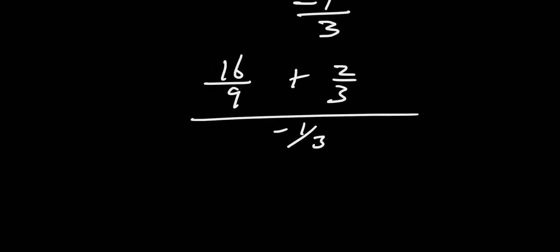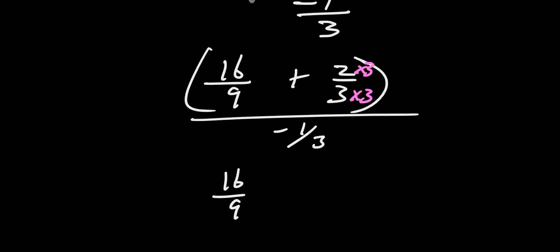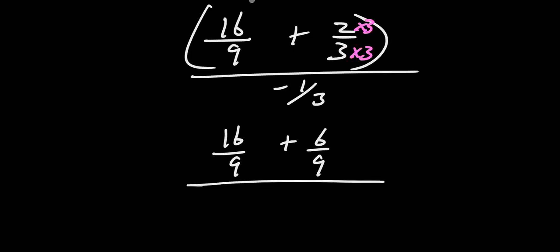We can simply find the common denominator of the numerator, and we can multiply this by 3 and also multiply this by 3, and once that happens, we're going to have 16 over 9 plus 6 over 9 over -1/3.